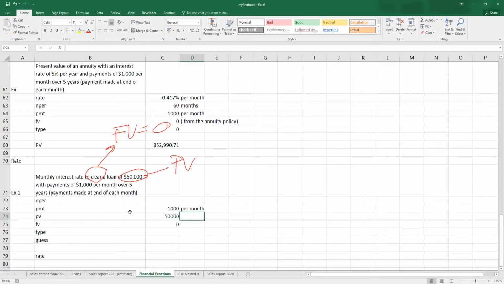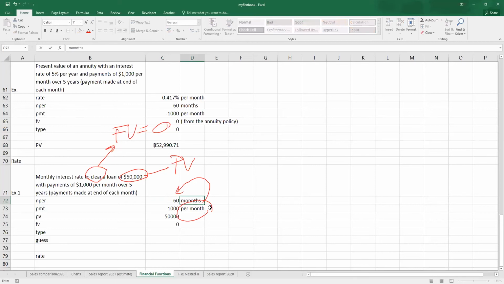Over 5 years, that is for the number of periods. You have to change it to be 5 times 12. Why do you have to change from 5 to 60? Because our payment is per month, so the number of periods has to be monthly as well.